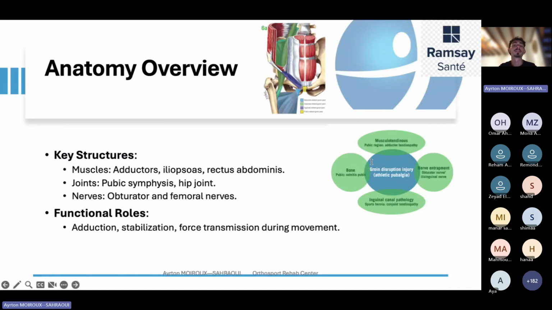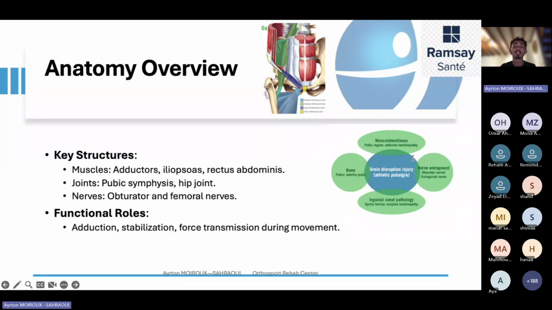What about the functional roles of the groin area? In daily and athletic activities, these anatomical structures work together to maintain balance, stability, and effective movements.